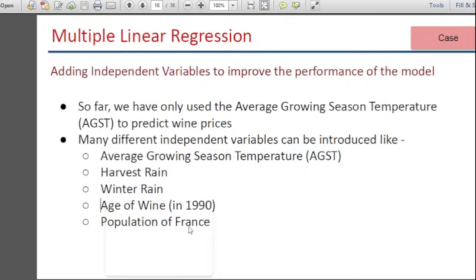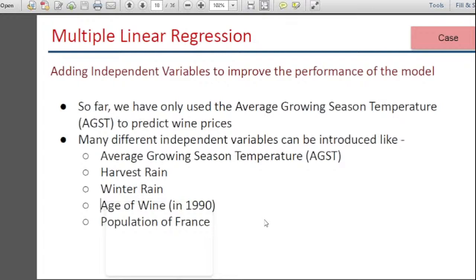These are the other variables that Ashenfelter used to create the regression line. If I bring them in, it will be difficult to visualize, though the concept remains the same. So we explain the concept with the single independent variable.